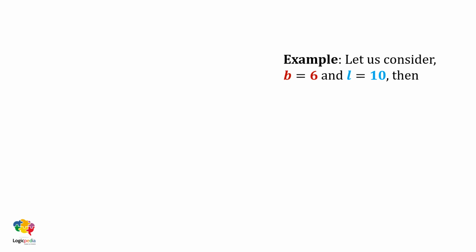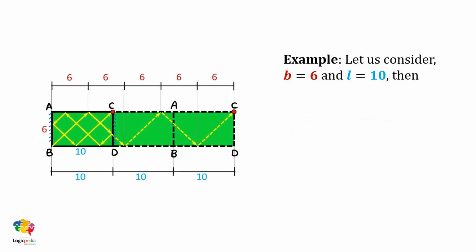Now for demonstrating an example, let us consider a case where b equals 6 and L equals 10. In this case, we get x divided by y equals 10 divided by 6, which in its most reduced form becomes 5 divided by 3.